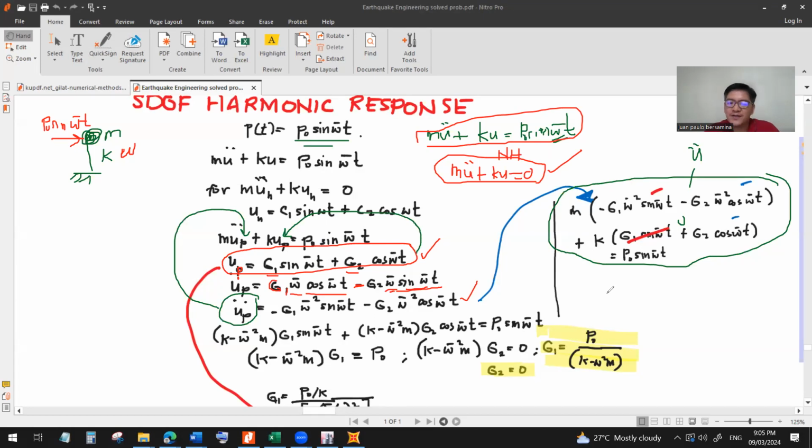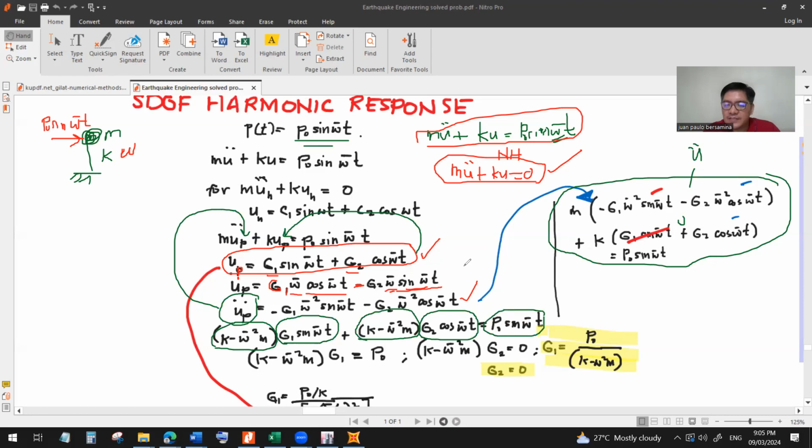Then algebra, no? Get the common factor. It turns out we have G1 sine omega bar t and G2 cosine omega bar t with a common factor of k minus omega bar square m, k minus omega bar square m, equals p sub 0 sine omega bar t. Okay?